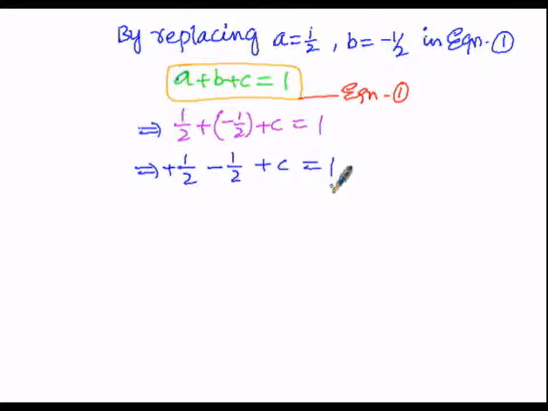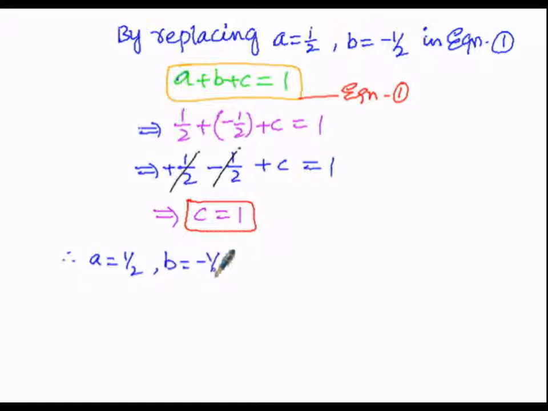This half is negative and this half is positive, so we can cancel plus half and minus half. So in this manner I got the next logical step as c equals 1. Here we got a as plus half and b as minus half, whereas c equals 1.